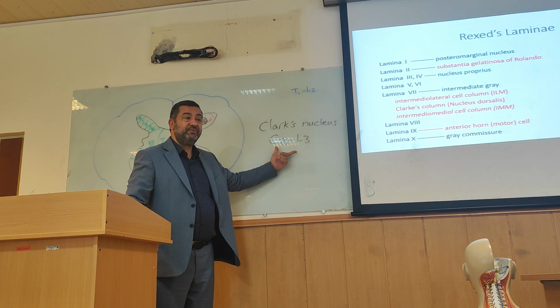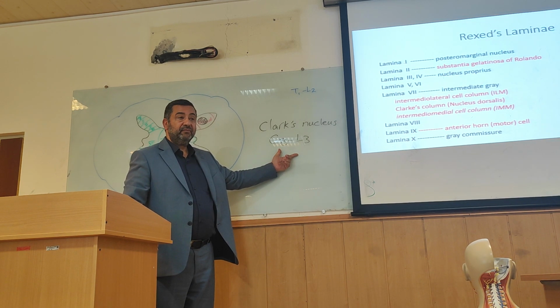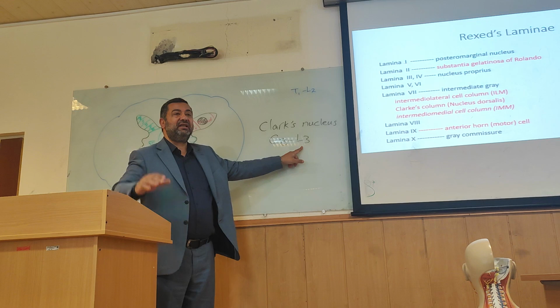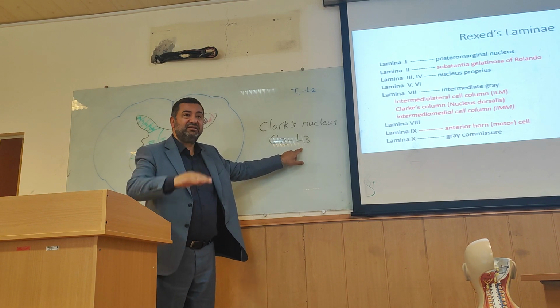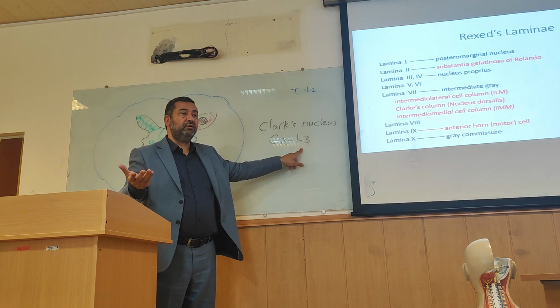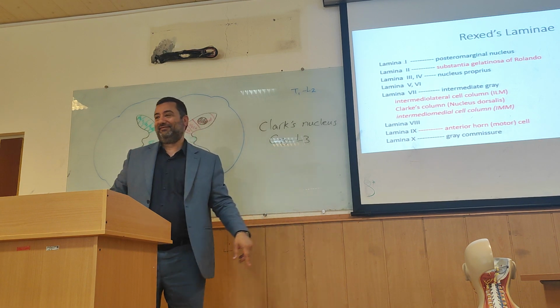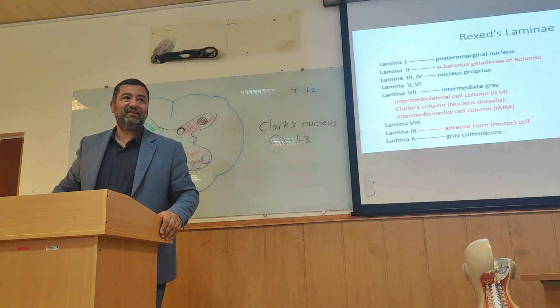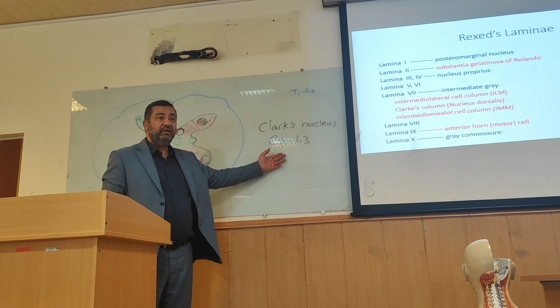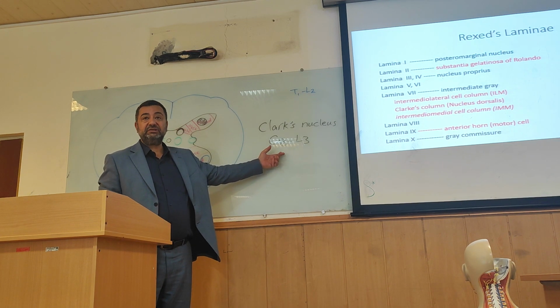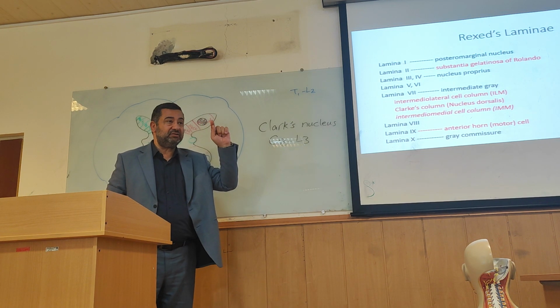L3 segment is at the level of the T11 vertebra. Okay, I get it. It's not related to the vertebral column or spinal nerves. It's related to the spinal segments.